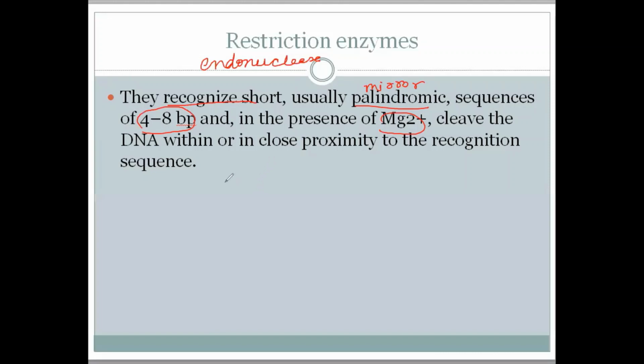In the close proximity, that means if this is the restriction site, they may be cleaving it here. If this is the restriction site, they may be cleaving it here. And if it's the restriction site, they may be cleaving it somewhere beyond a distant place, okay, at a random place. So this is how the restriction enzyme works.